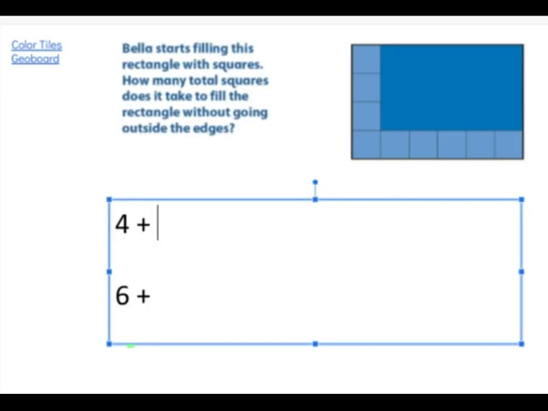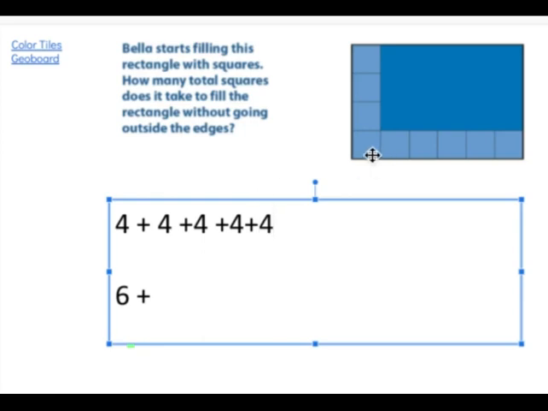Now that we built Bella's rectangle with small square units on our geoboard, let's go ahead and add an equation to that. So we built 4 in a column. 4 plus 4 plus 4 plus 4 plus 4.